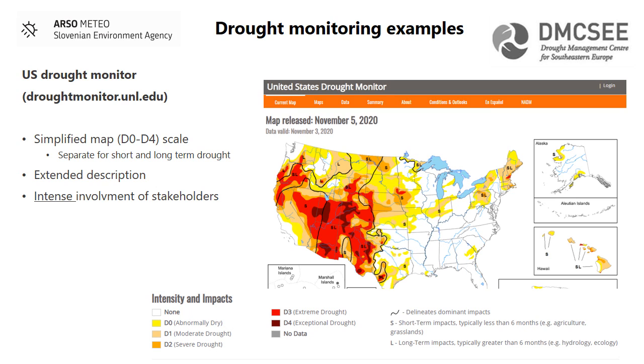One additional property that I would like to mention is that short-term and long-term droughts are separated here. That means droughts that are short in terms of development, that means a few months, up to 6 months.